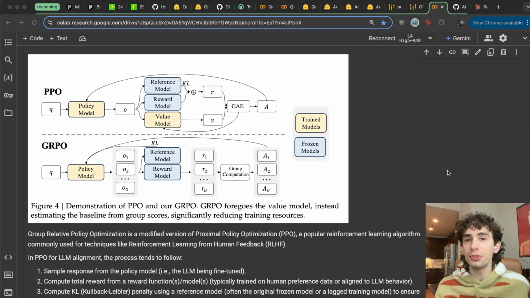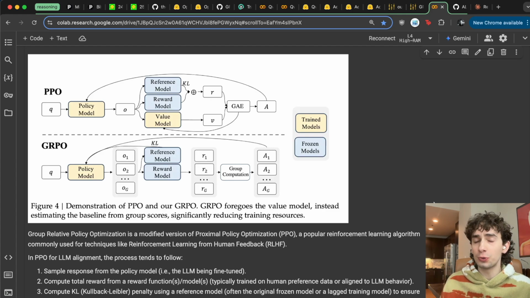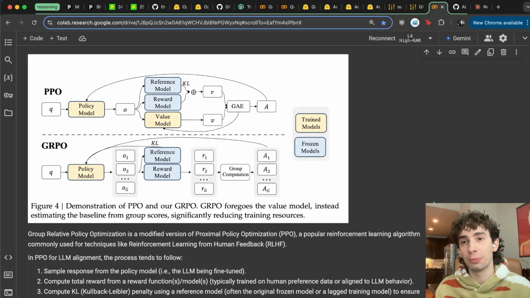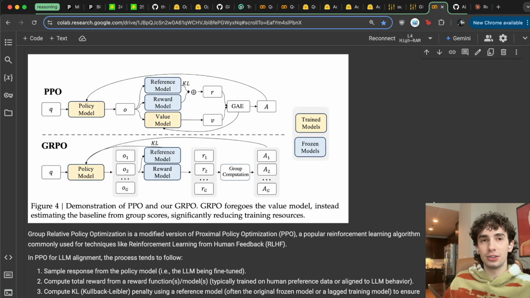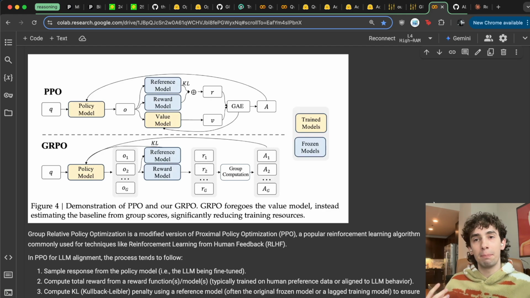The output also then goes through a reference model. This reference model is useful in a multitude of ways, but generally what it is actually the policy model, or the language model being fine-tuned, but actually frozen and not being fine-tuned at all. What we're able to do then is use this base model along with the one being fine-tuned as a reference for how much the model is going to change based on the output of the given training example.